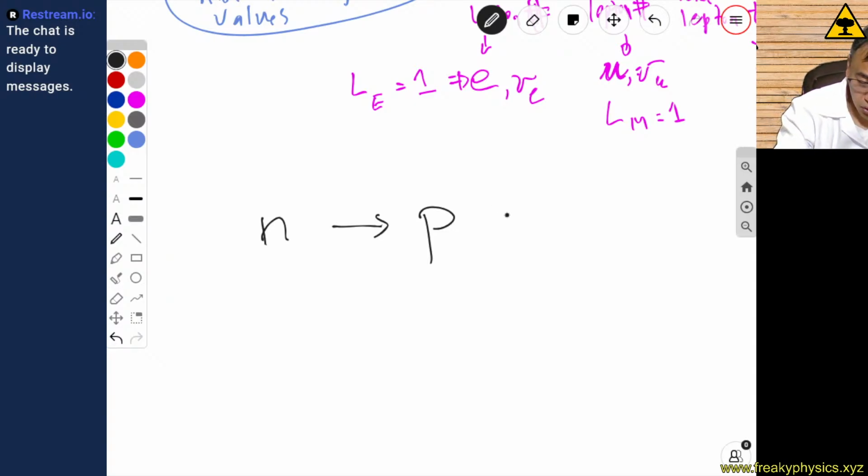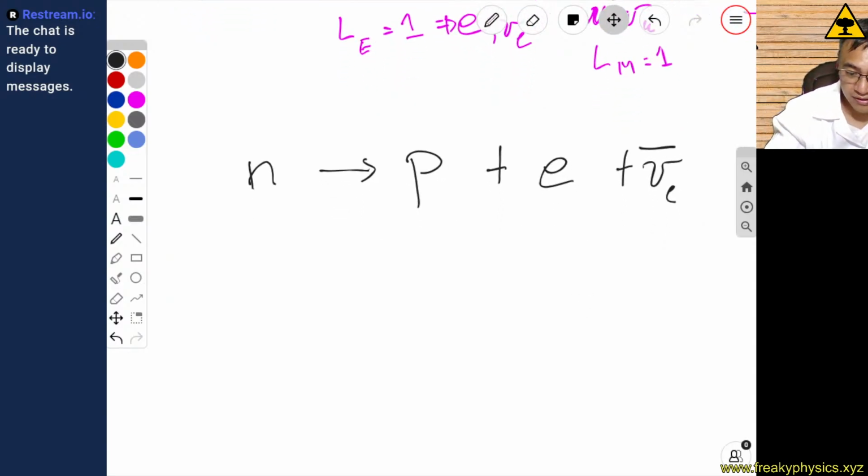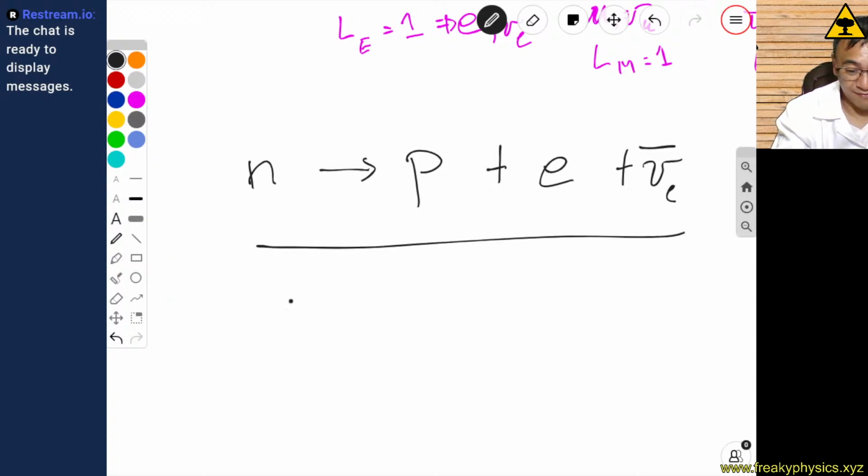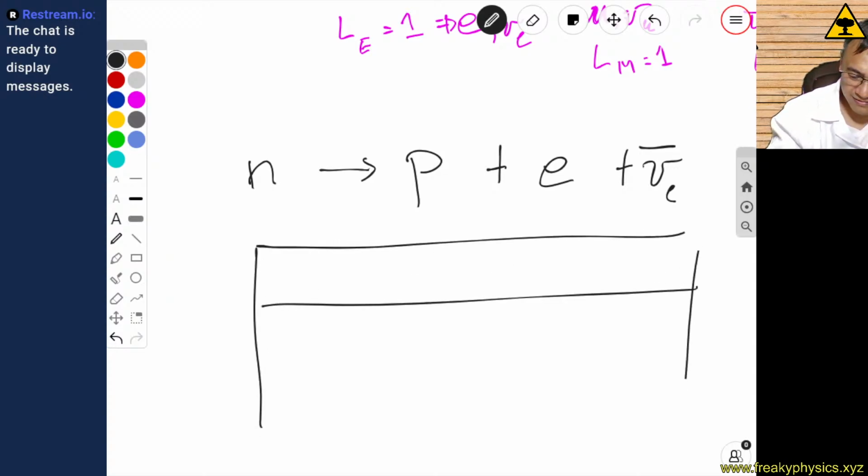Knowing that this is beta decay means we must have the electron and the anti-electron neutrino. Let's take a look at why this must be the case. In order for us to understand this, I'm going to put this all in my favorite solving technique, a table. What we're going to do is the before and the after.